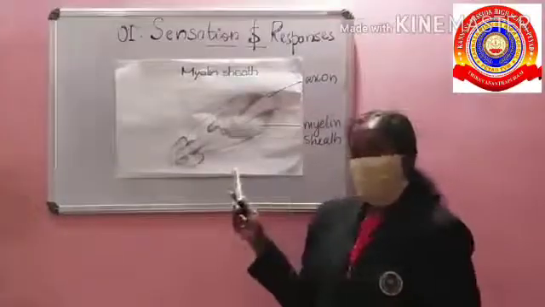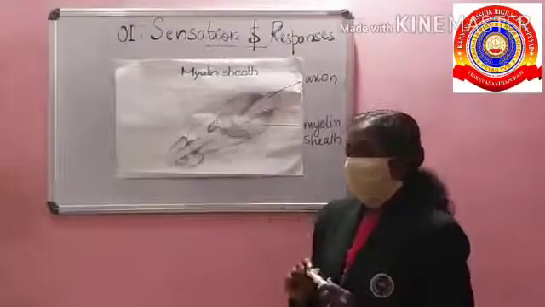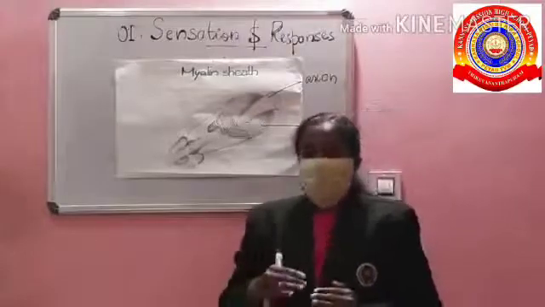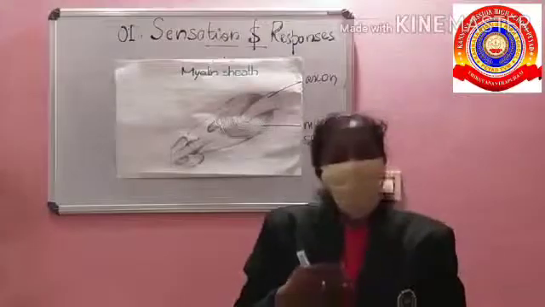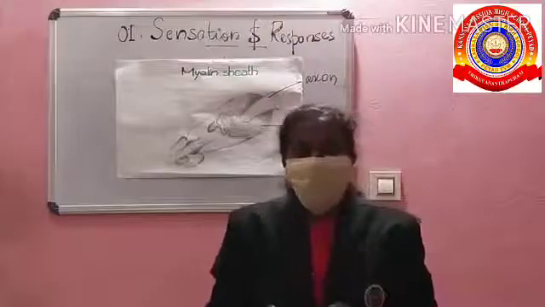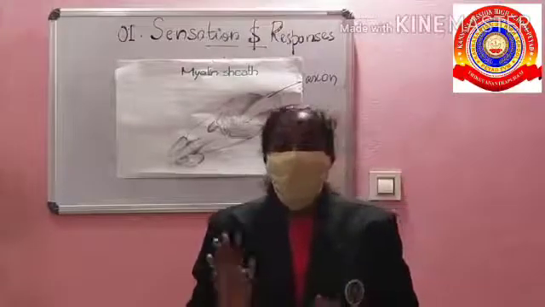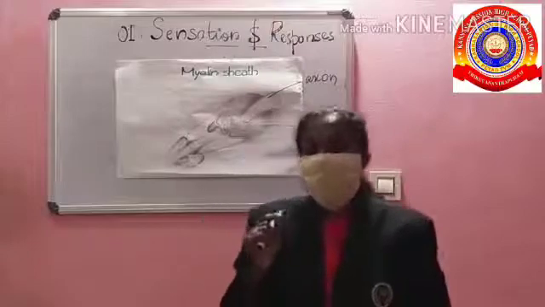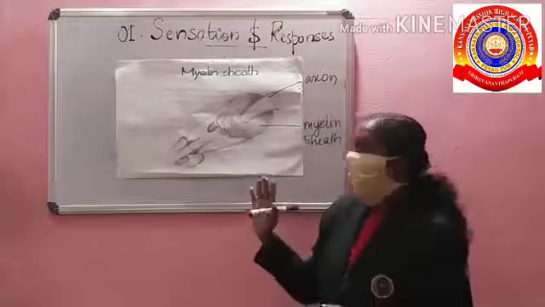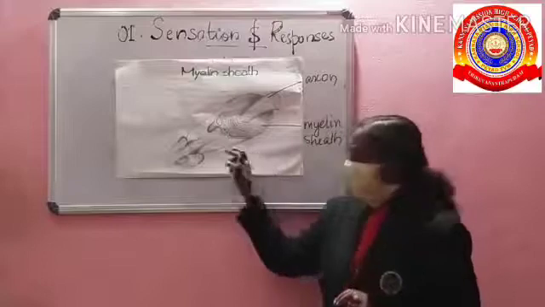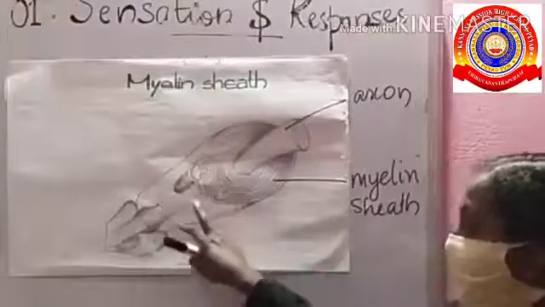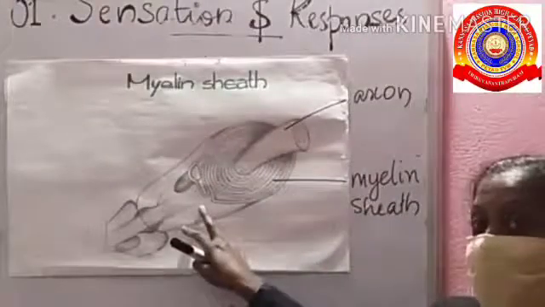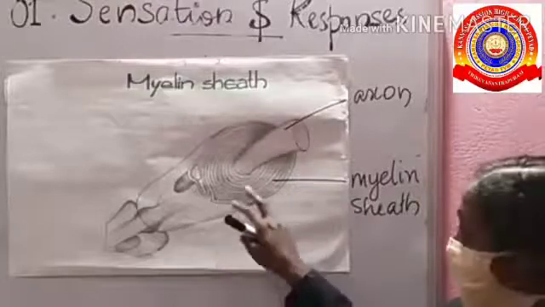Our next topic is myelin sheath. The axons of most of the neurons are encircled by a sheath called myelin sheath, which is made up of a lipid. This myelin sheath is shiny white in color.